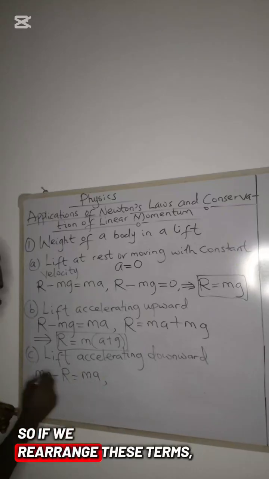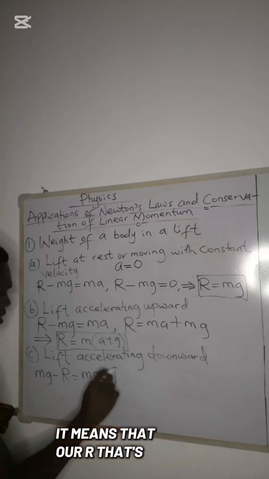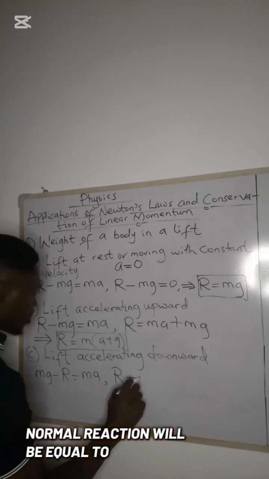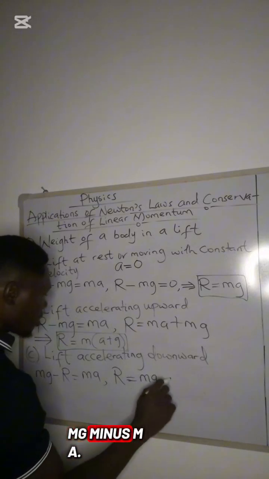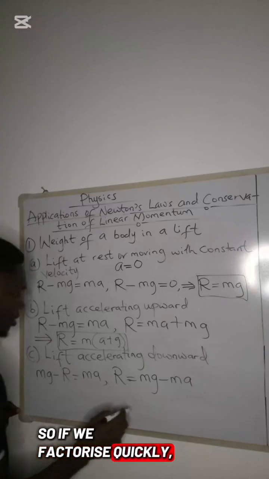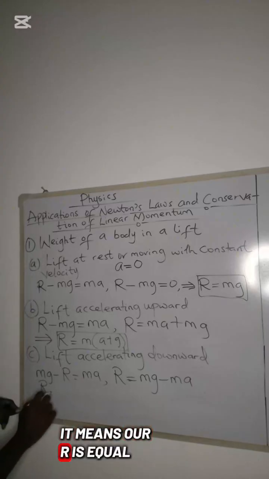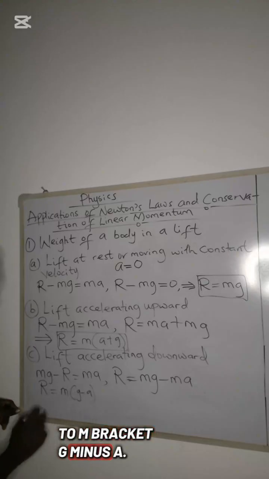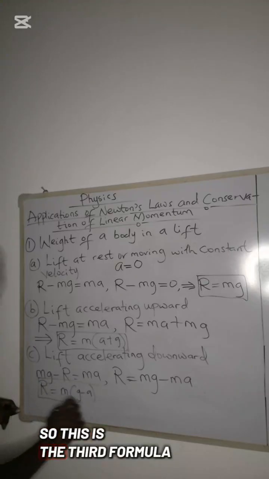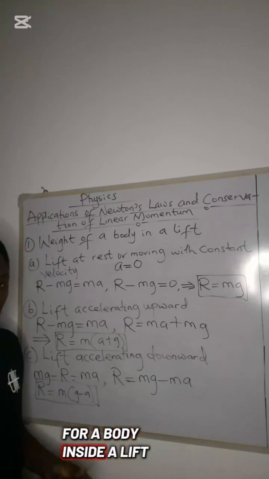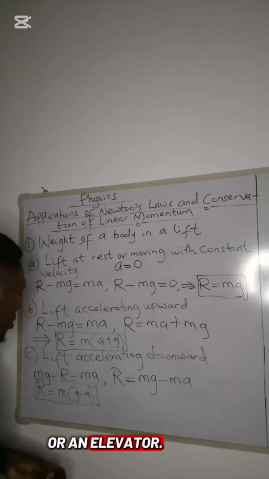So if we rearrange these terms, our R, that's normal reaction, will be equal to mg minus ma. If we factorize quickly, R is equal to m bracket g minus a. So this is the third formula for a body inside a lift or an elevator.